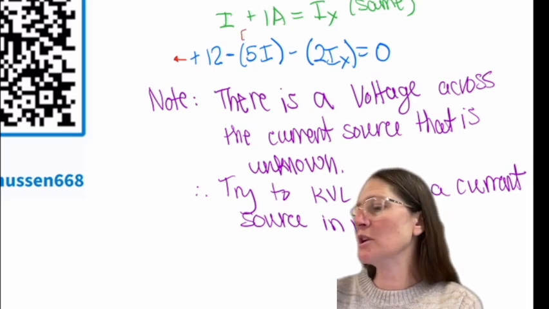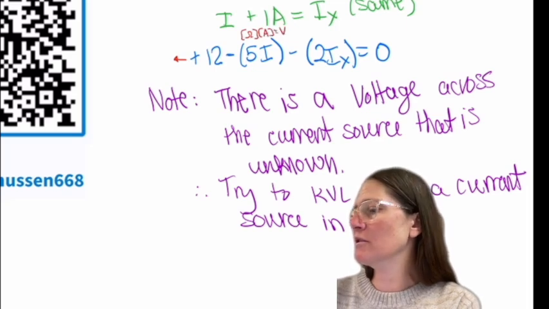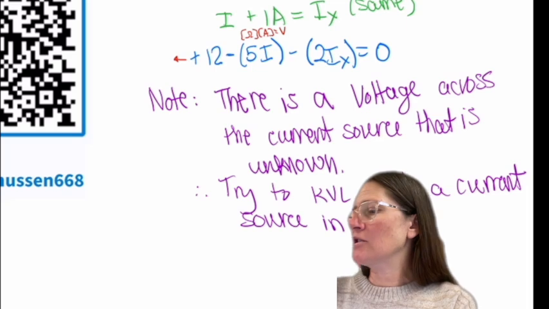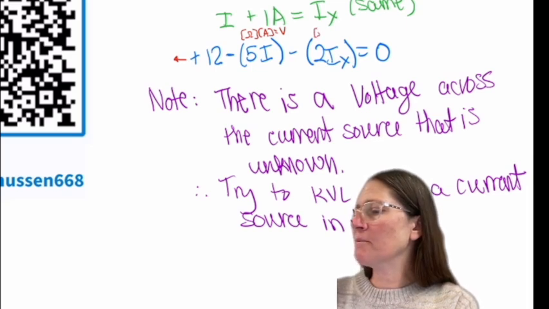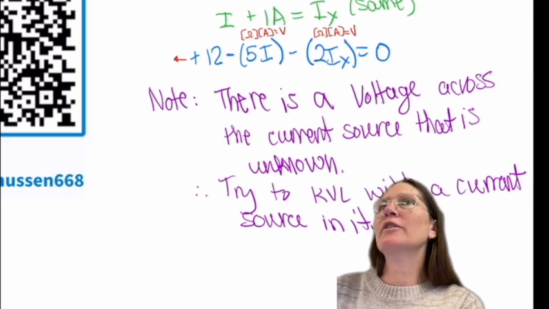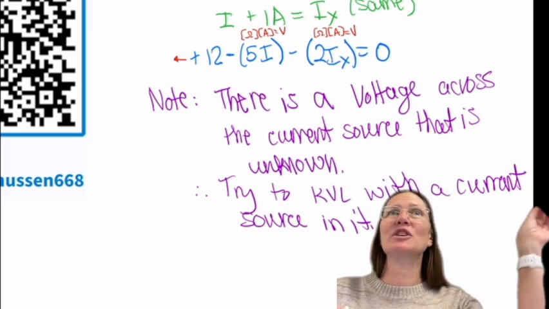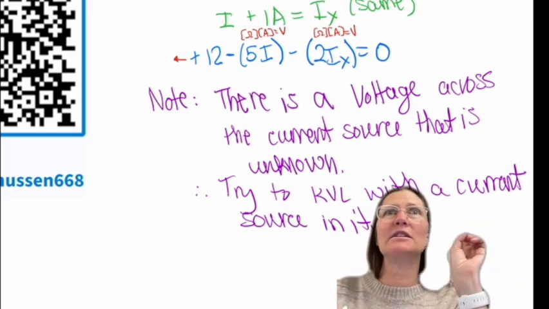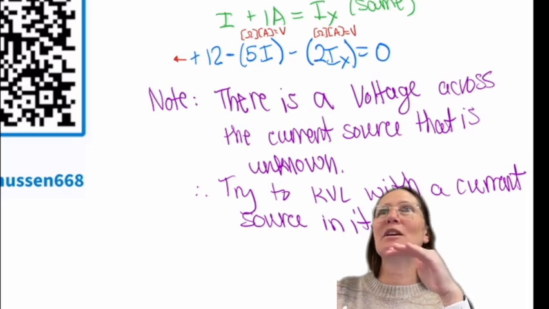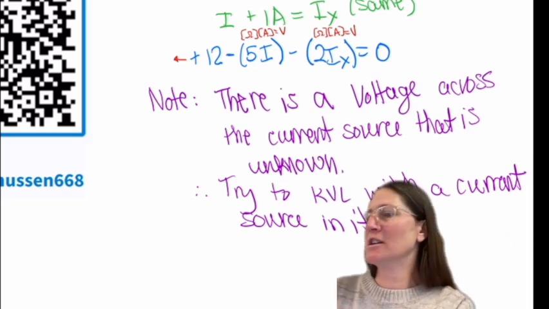So this is going to be ohms times amps, which is equal to volts. And 2 ohms again, and then Ix will be amps. So again, we have volts. So we are good here. So that's another thing to check: do my units make sense for each quantity that I'm adding or subtracting together? They do need to be the same unit to be able to add or subtract.